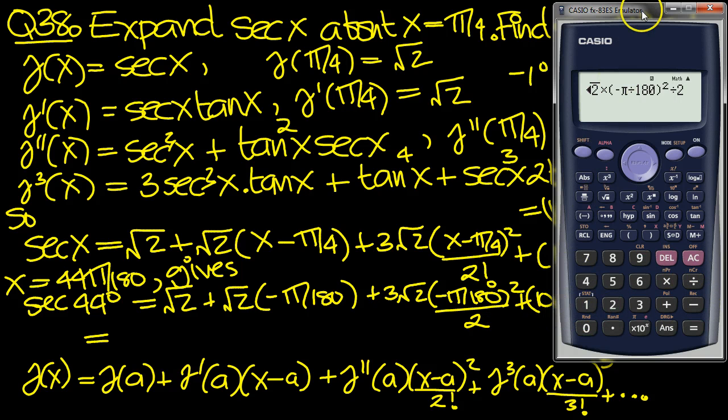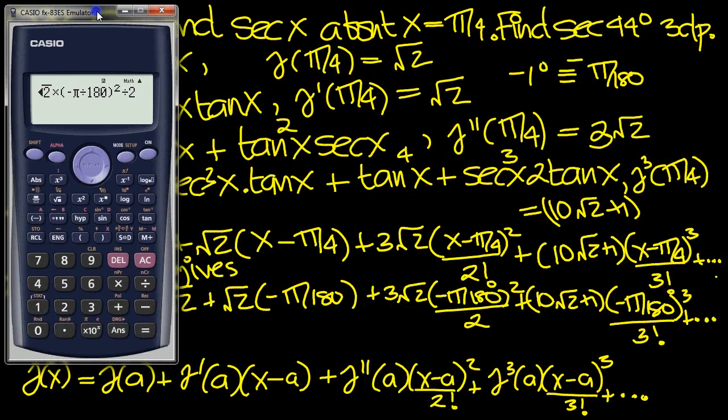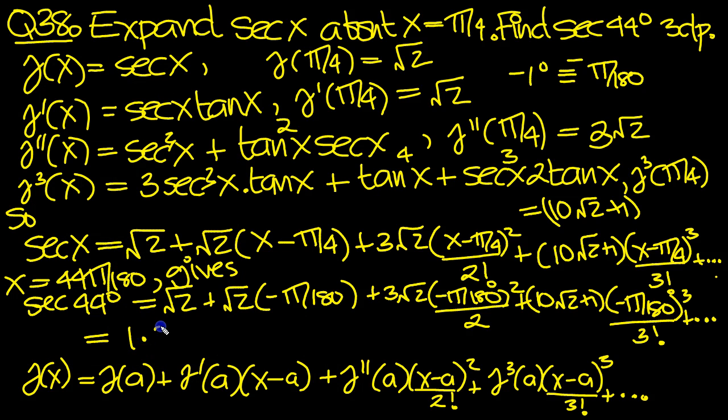Then it's plus, that was the squared term, so let's put that over here now, plus bracket 10 root 2 plus 1, so 10 times the square root of 2 plus 1, close that bracket, times bracket negative pi divided by 180, close bracket, power cubed, divide that by 6, which is 3 factorial, equals 1.390 to 3 dp. And that was to 3 decimal places.